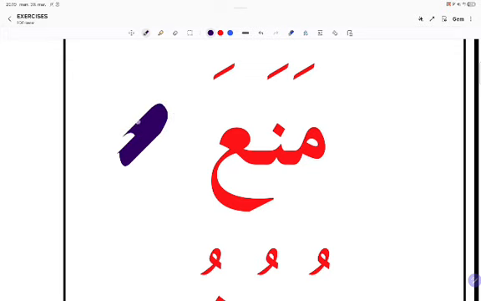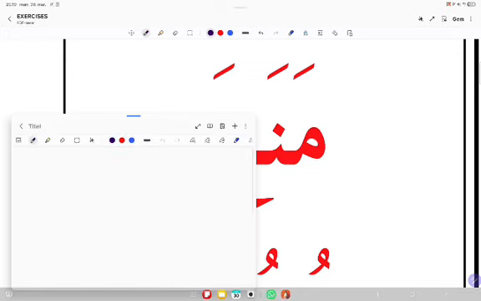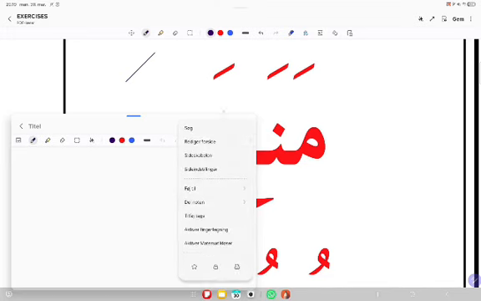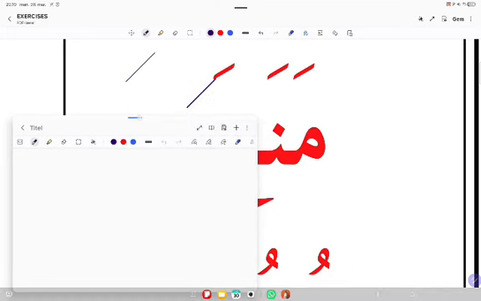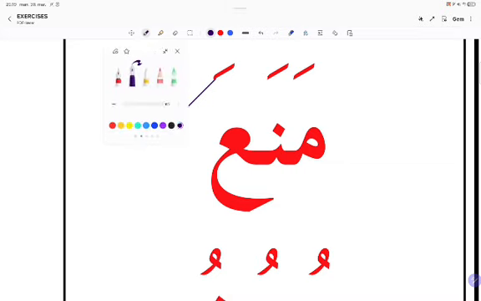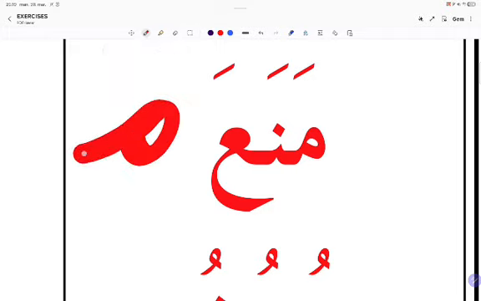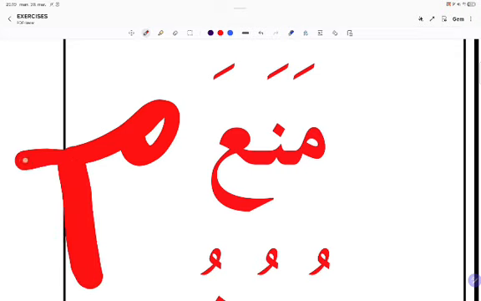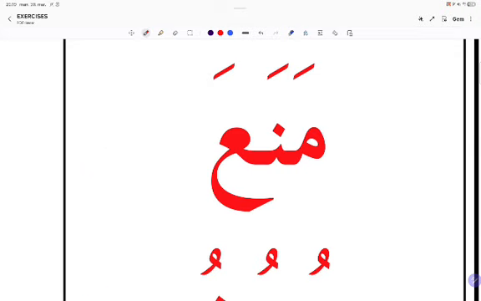This is the head of it. So this is meem. Meem, fatha, ma.